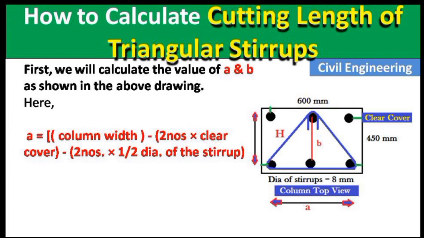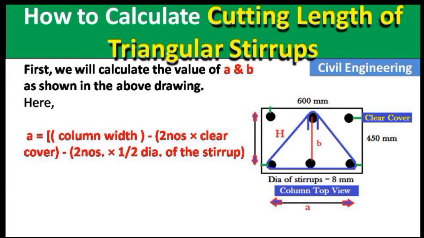After subtracting, we get column width minus 2 into clear cover, and we also have to subtract half the diameter of the stirrup. Remember, this is a very important calculation. We have to subtract 2 into half the diameter of the stirrup, because half the diameter we subtract from here, and half from here. So the value of a will be column width minus 2 numbers into clear cover minus 2 numbers into 1 by 2 the diameter of the stirrup.